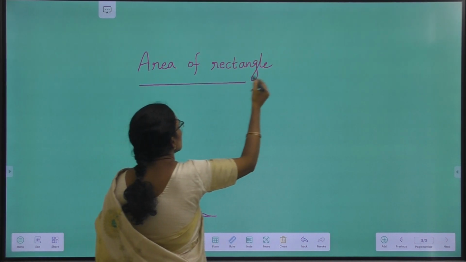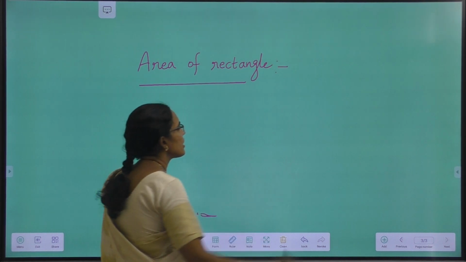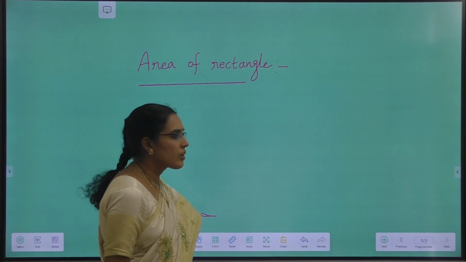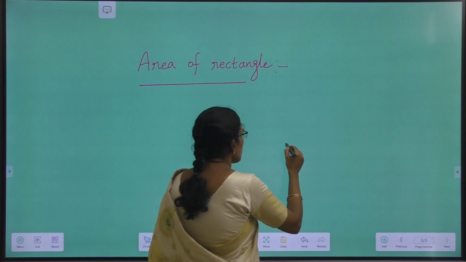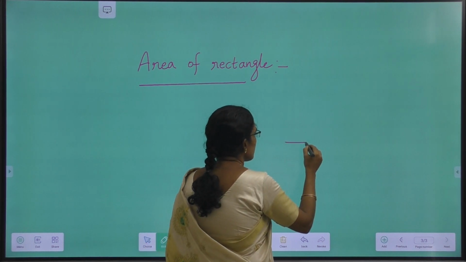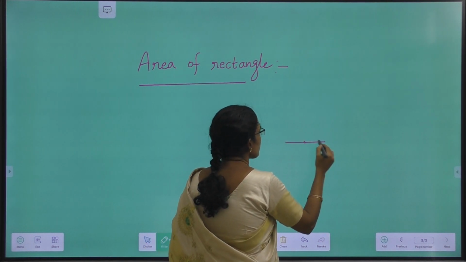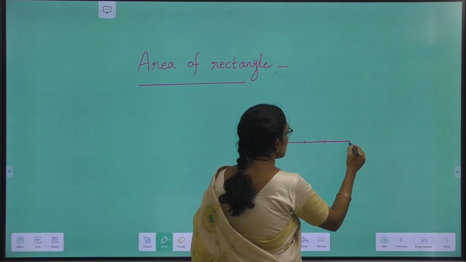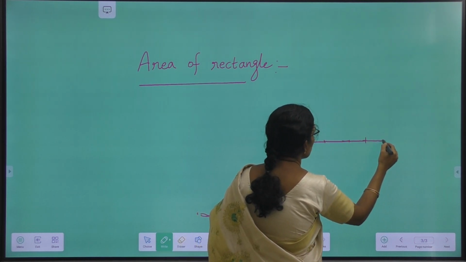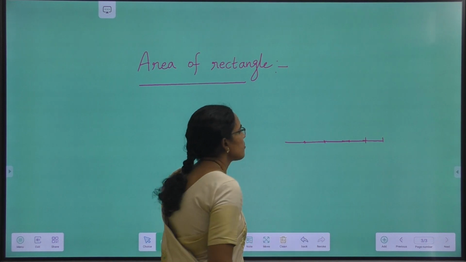Now first we are going to learn how to find the area of the rectangle. Okay, rectangle length, suppose I am taking 5 centimeters. This is 1 centimeter, 2 centimeters, 3 centimeters, 4 centimeters, 5 centimeters.